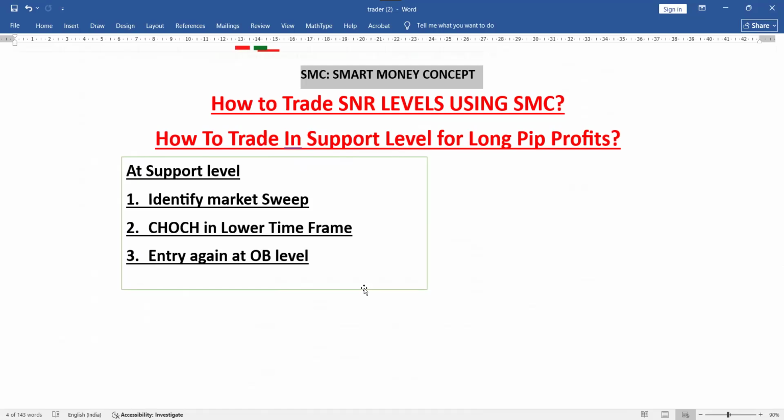Whatever it is, level identification is very important. You have to wait for a proper entry point. Before that you can't make any kind of entries. Okay, before that you can't make any kind of entries. And always you should see better confirmation of entries in the market.